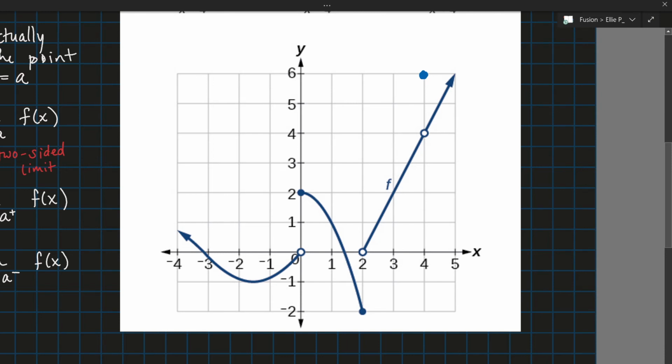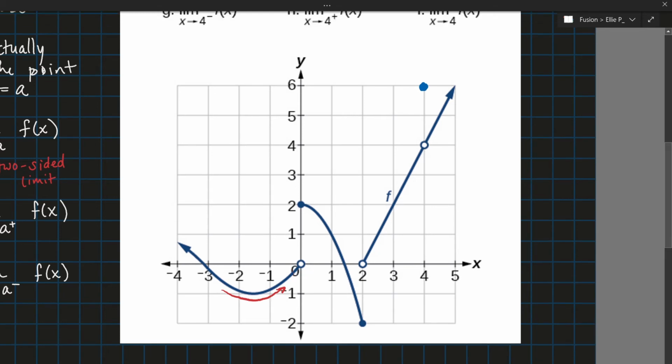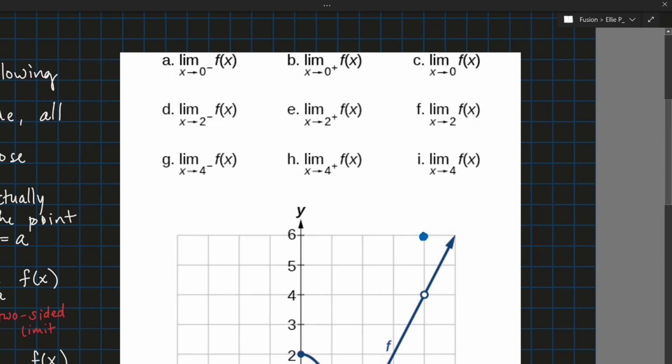So we're looking as it approaches 0 from the negative side. So we're going to follow the function from the left as it approaches 0, like that. So in that case, what would the limit be? Yeah, exactly. So it equals 0.